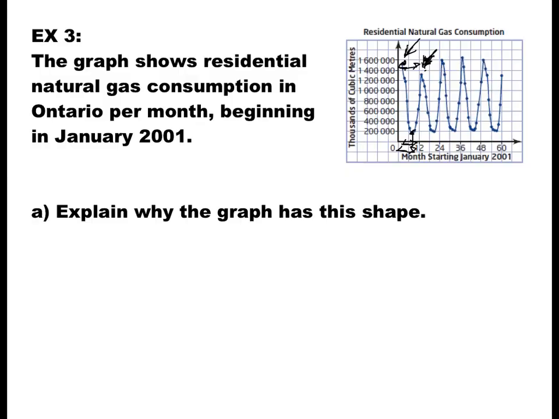The first part, for the domain, we can see that our x values change from 0 to 60, so we can say that the domain is x in R, and x is less than or equal to 60, greater than or equal to about 1, meaning month 1.